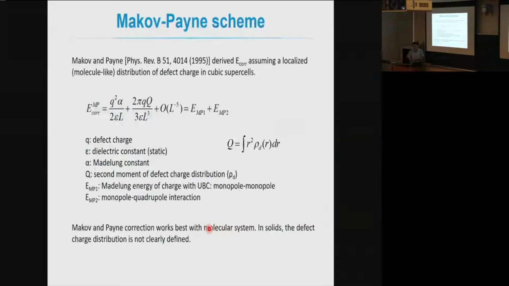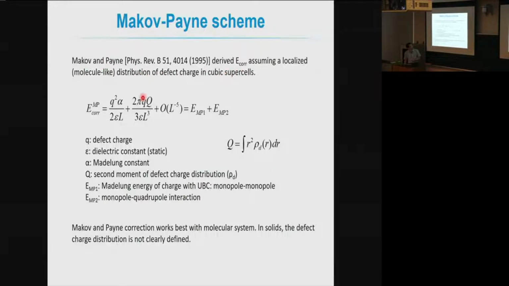So how can we correct this? Many people have contributed to effectively reducing this spurious interaction between the charged cells. The most widely used is the scheme developed by Makov and Payne 20 years ago.